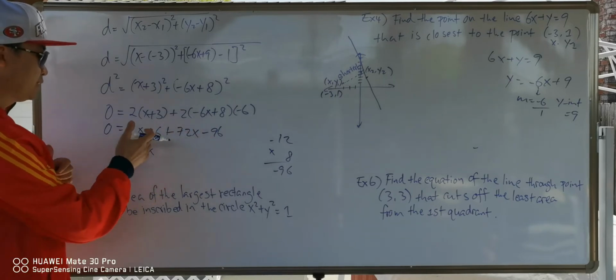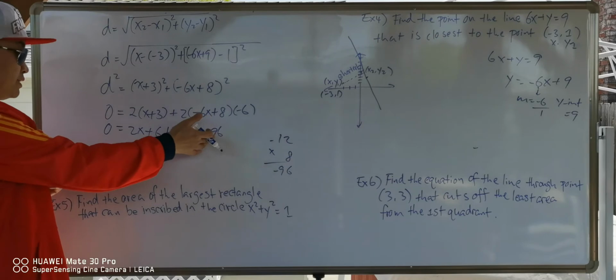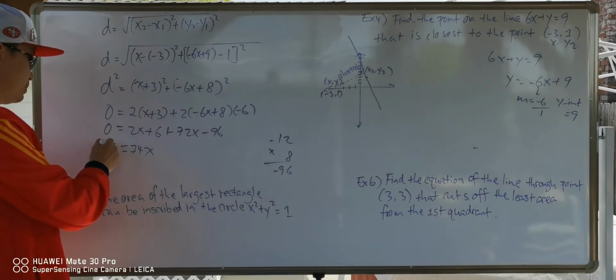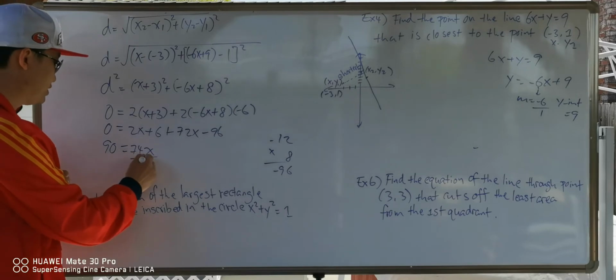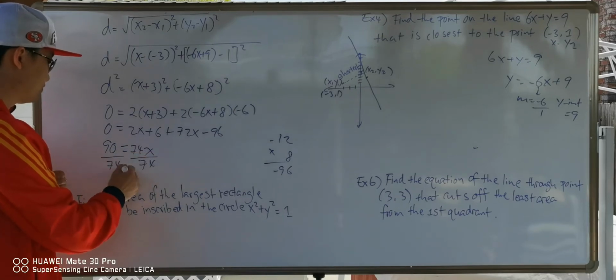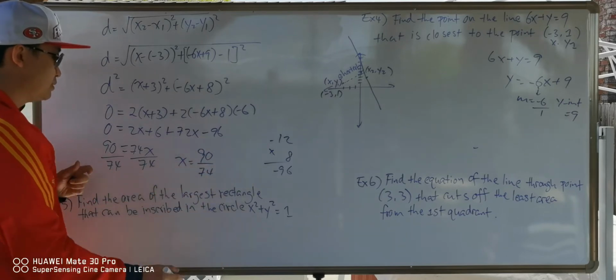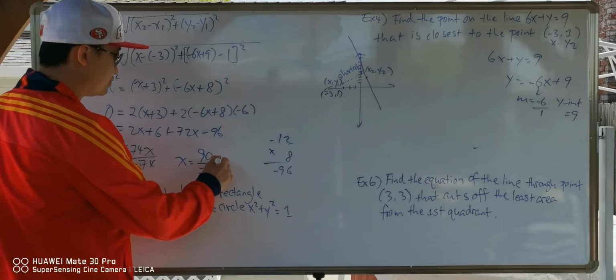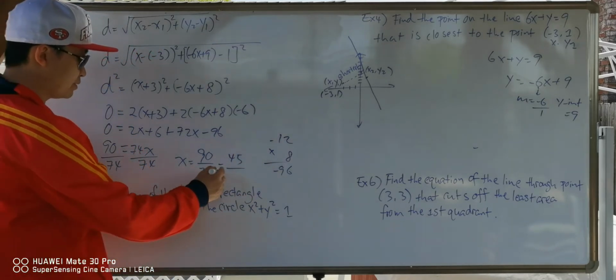And then 6 minus 96, so then that'll be negative 90. But you want to move that negative 90 to the left-hand side, so that turns out to be positive 90. And then solve for x, divided by 74. So we do have x equals 90 over 74. So divided by 2, we do have 45 over 37.